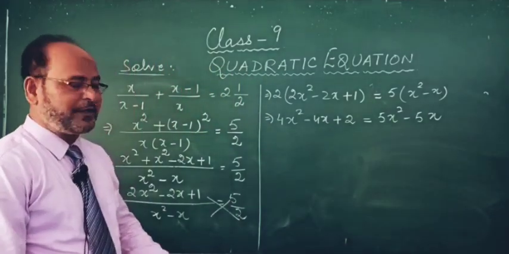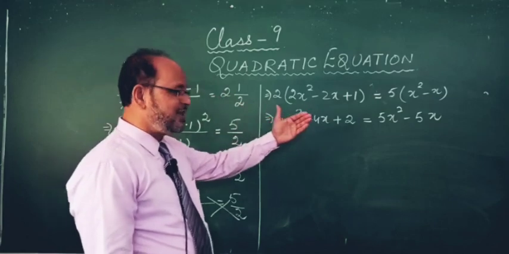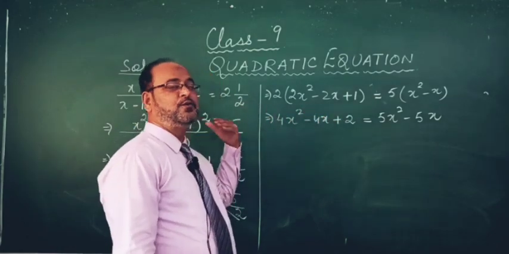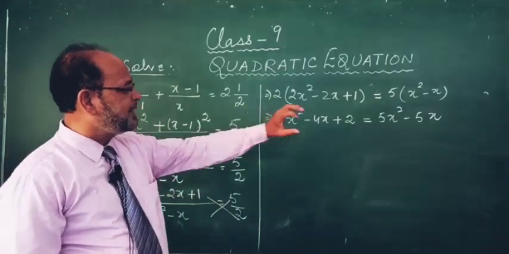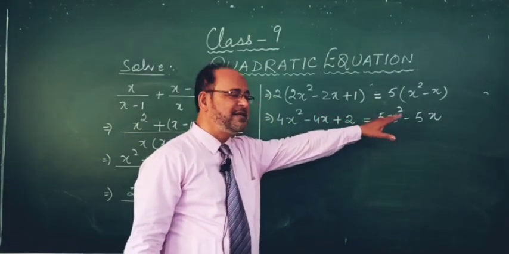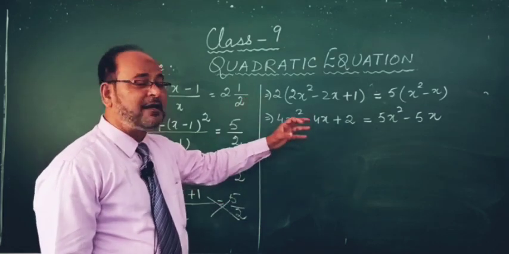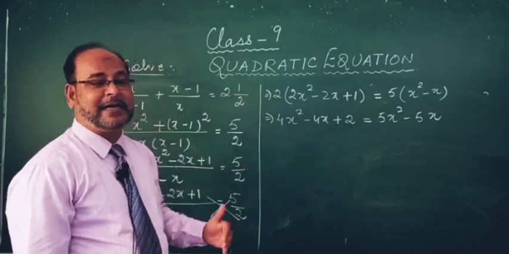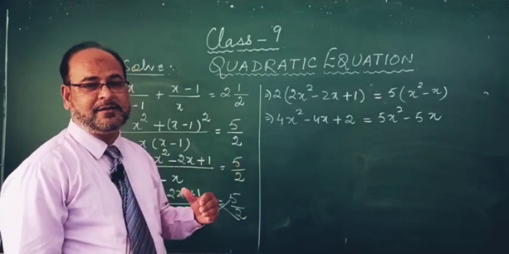Now what you have to do here, you have to collect all the terms to one side of equal sign. Now children, if you will bring down 5x square minus 5x this side, what will happen? The x square will have a negative sign before it. So try not to get negative sign.